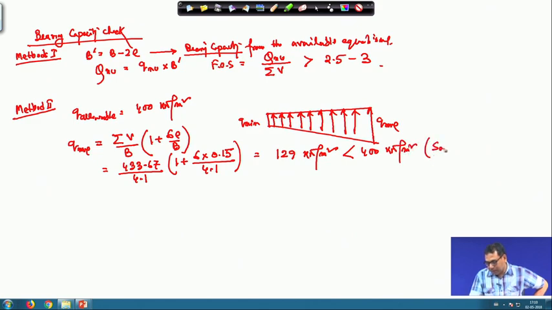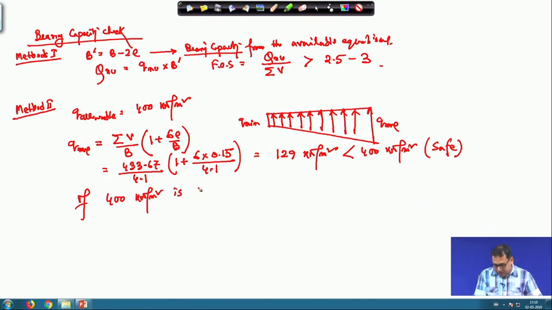Which is less than 400 kilonewton per meter square, so that is safe. Remember that Q allowable is given, which means the amount of stress that you can allow. But if that 400 kilonewton per meter square is the ultimate or net ultimate stress, then you have to determine the factor of safety.